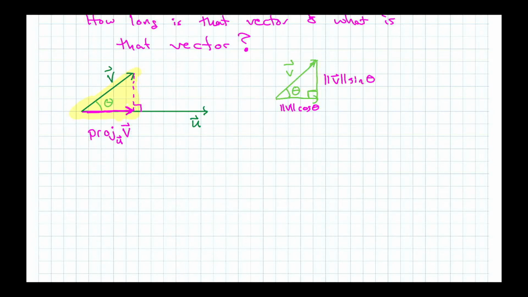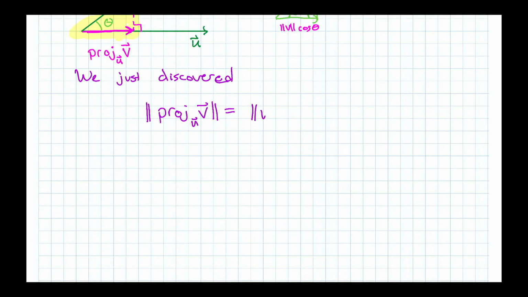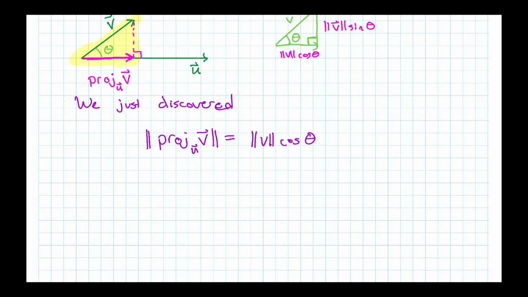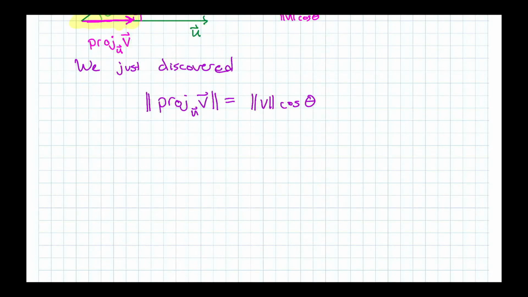So we just discovered that the magnitude of the projection of V onto U is equal to the magnitude of V times the cosine of theta, where theta is where I drew it in the picture. Okay? But now the question is, what is the cosine of theta? Right? So if you think back to the previous lecture, we had a certain thing, right?